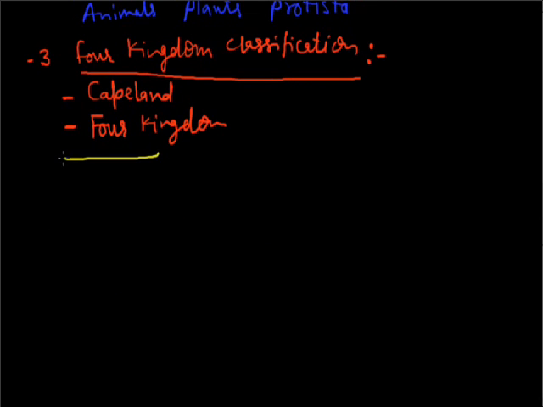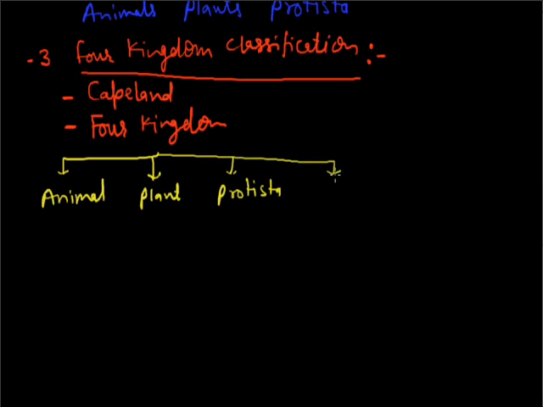So what are the four kingdoms? First, animal kingdom. Second, plant kingdom. Third, Protista. And fourth, we call it Monera. So this is the four kingdom classification, in which the living beings are categorized in four groups or four kingdoms.